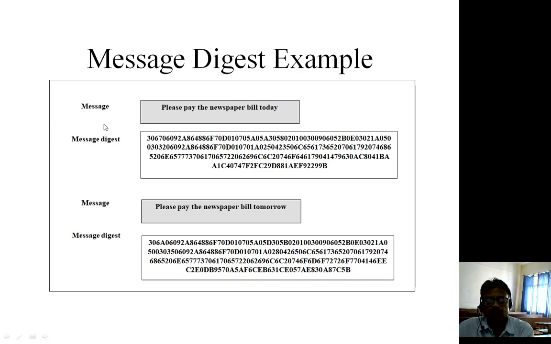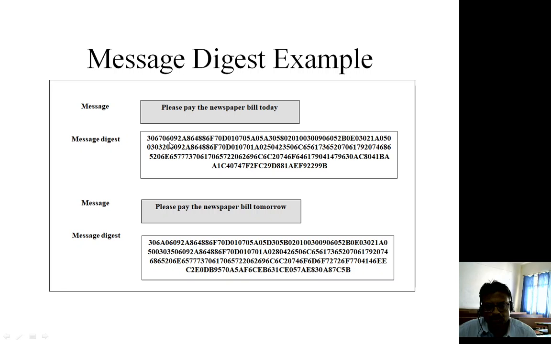This is an example of a message digest in which the message is "please pay the newspaper bill today", and the message digest related to this message is, suppose, this one. Now, in this second message, "please pay the newspaper bill tomorrow", the difference between the two messages is today and tomorrow, but you get a huge difference because the first value is 3067, and here you get 306A.